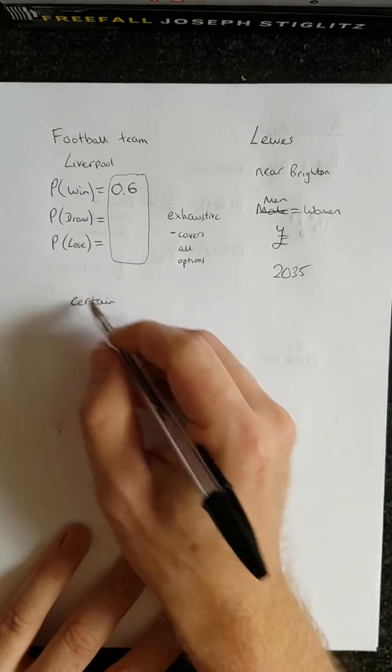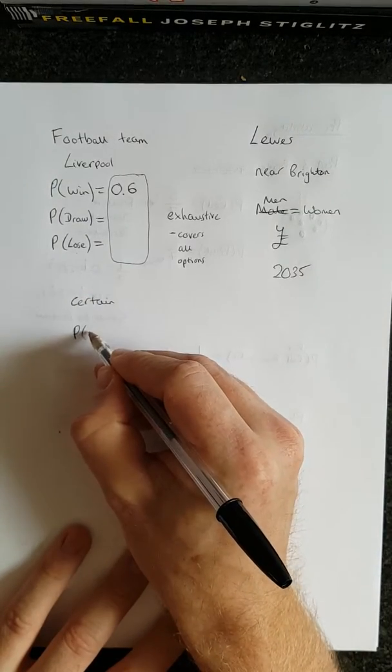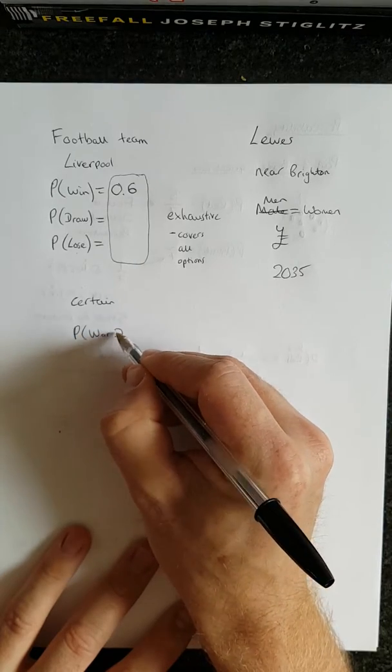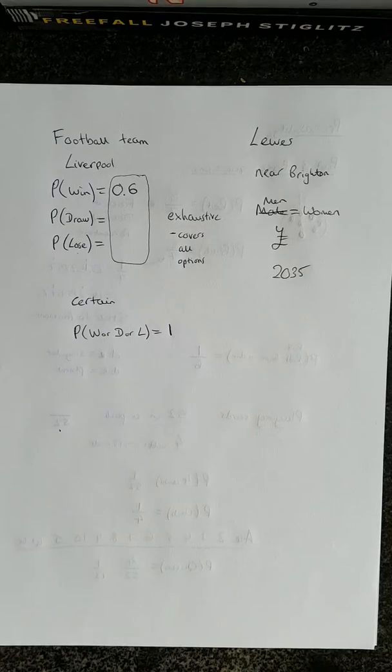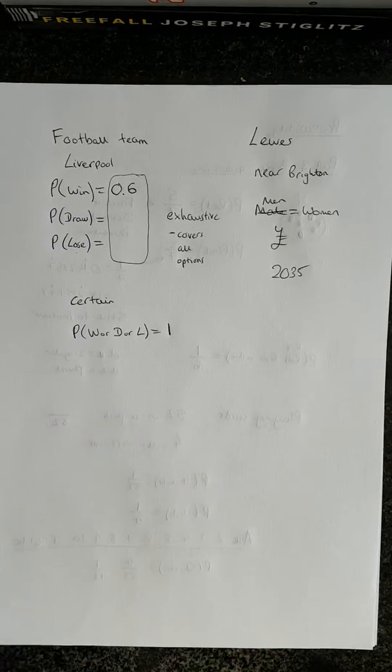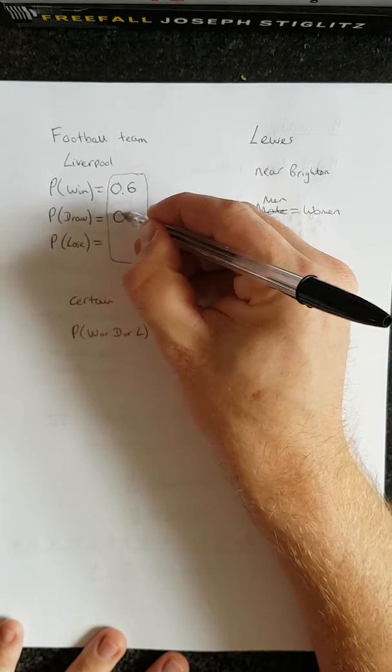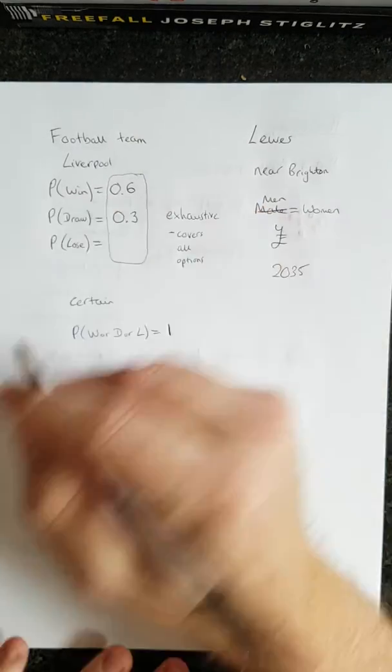If it's certain, the probability of a win or a draw or a loss is 1. Because one of them has to happen if they play. Okay, so this could be 0.3.